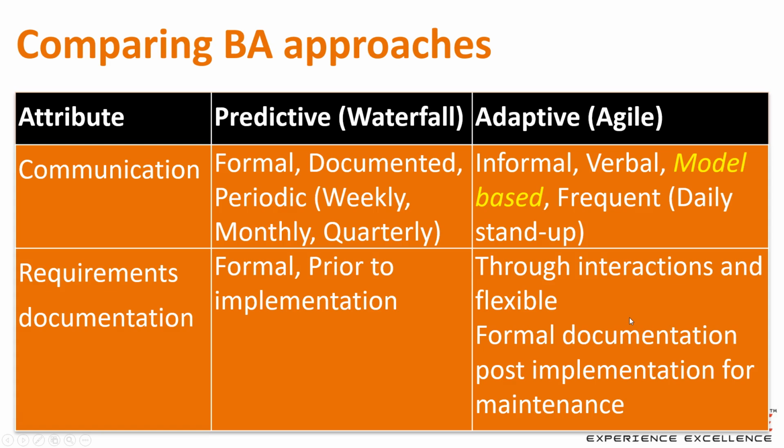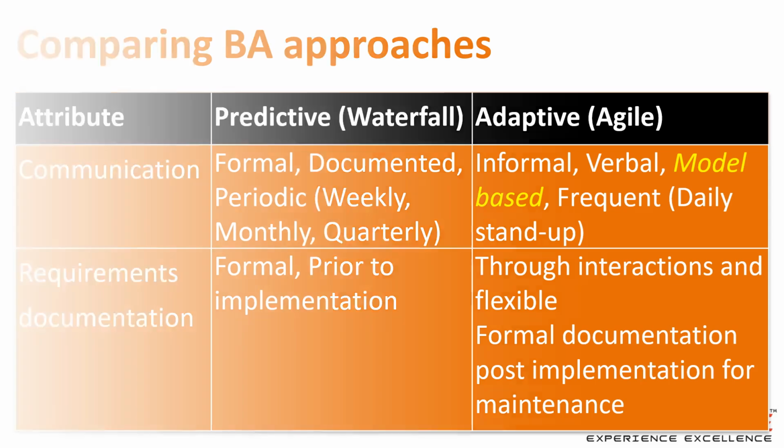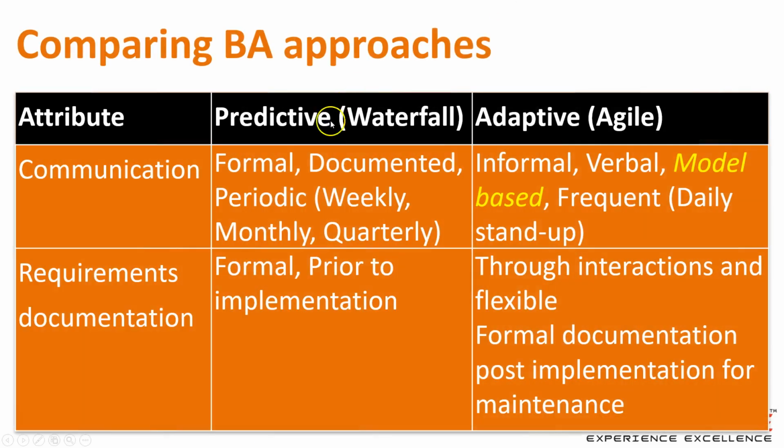If we do that right up front, it doesn't take that much time to document that well, and then you don't have to do it afterwards, and you've gotten better requirements up front. But when you're talking about purity, predictive is formal and ahead of time, adaptive is flexible and throughout.